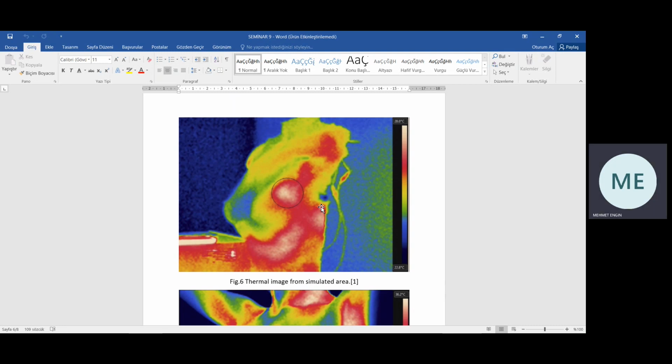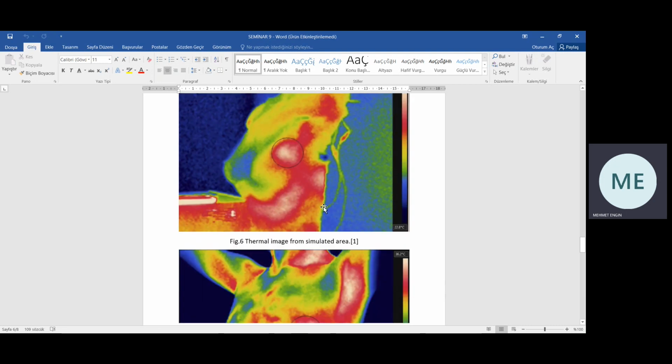These variations were ascribed to different shape and size of the thermal spot of the thorax simulator and patient, as shown in Figure 7.